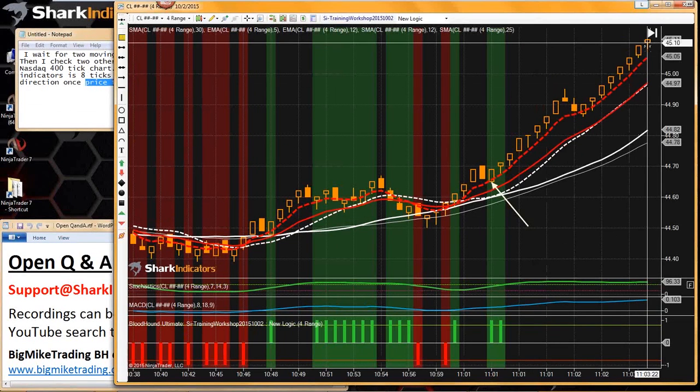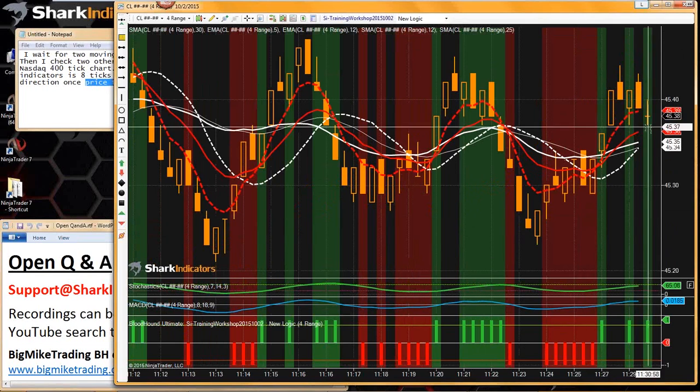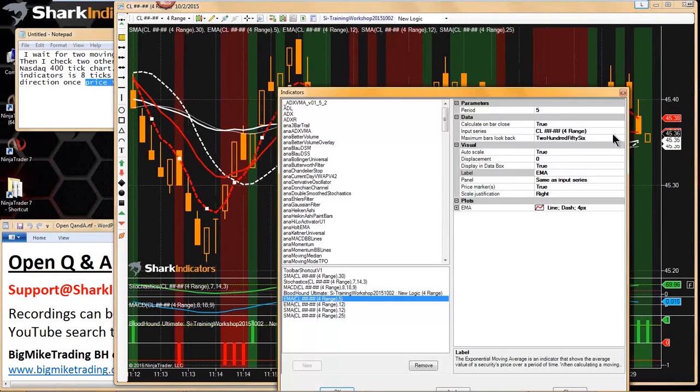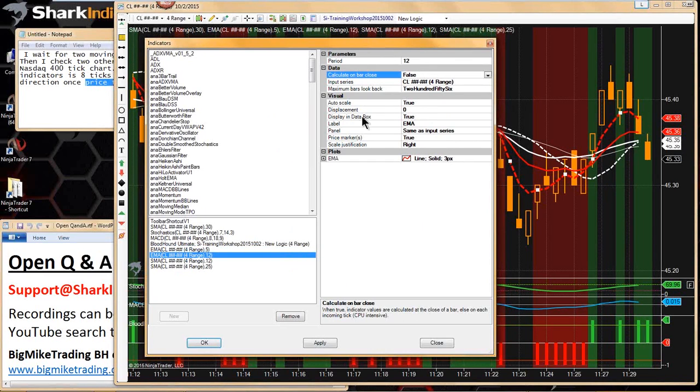Let's take a look here. And so yeah, it looks like we got a setup right there. Let's also set this EMA. Also, all these moving averages are calculating with calculate on bar close set to false as well.